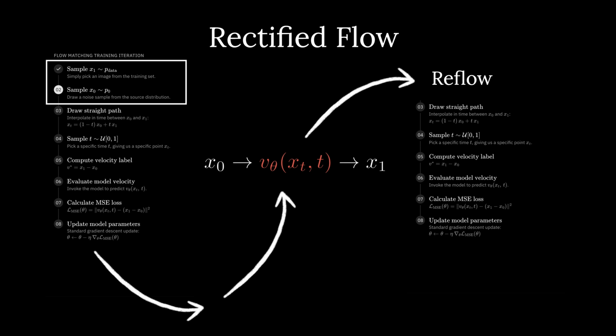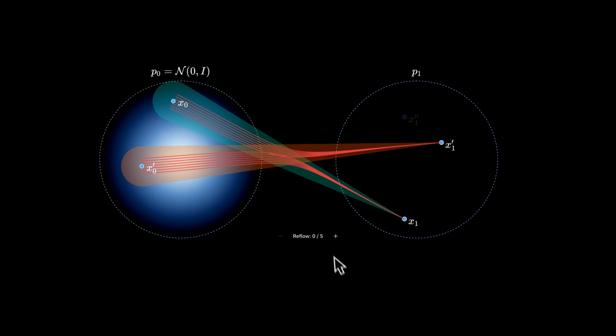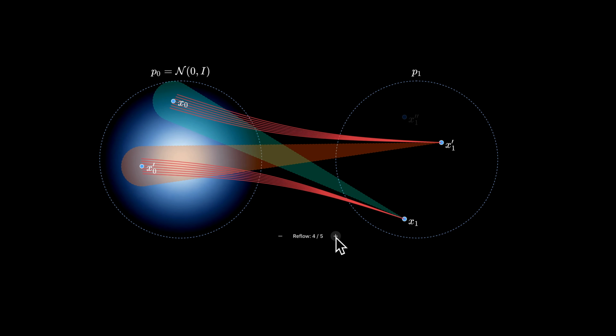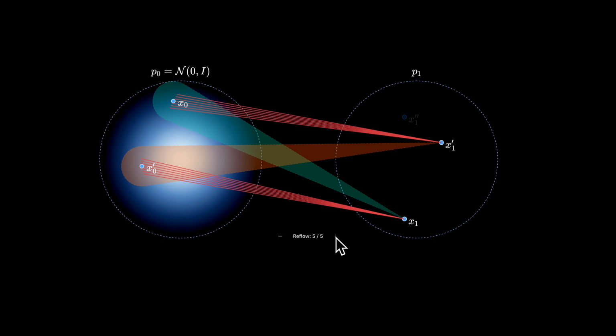The second training stage is called reflow. With every reflow, the induced model paths are straighter and straighter, up to a point where a single Euler step might be enough. This is effectively a one-step generative model, as fast as a GAN, but trained with a much more stable flow matching objective.